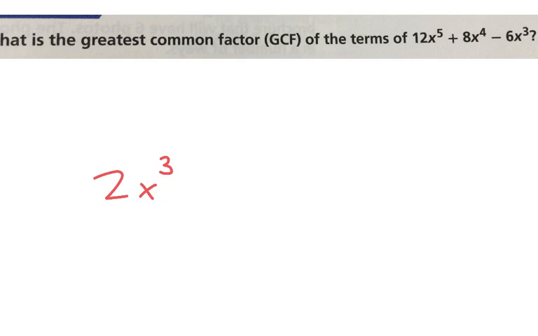So if the first building is x to the 5th, it has 5 floors. x to the 4th has 4 floors. x to the 3rd has 3 floors. So what floor could I get to on all of them? I could get to the 3rd in all of them. That makes sense. I don't know if it does or doesn't, but I had to try over and over last year to try to get them to understand how to figure that out. But there's a couple of explanations for how to do it.